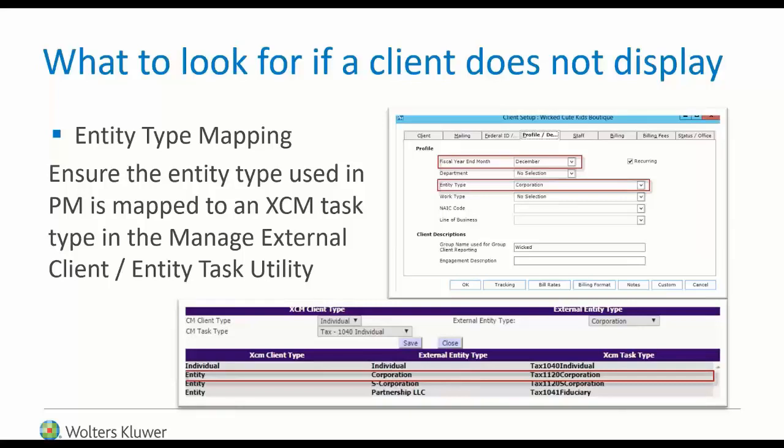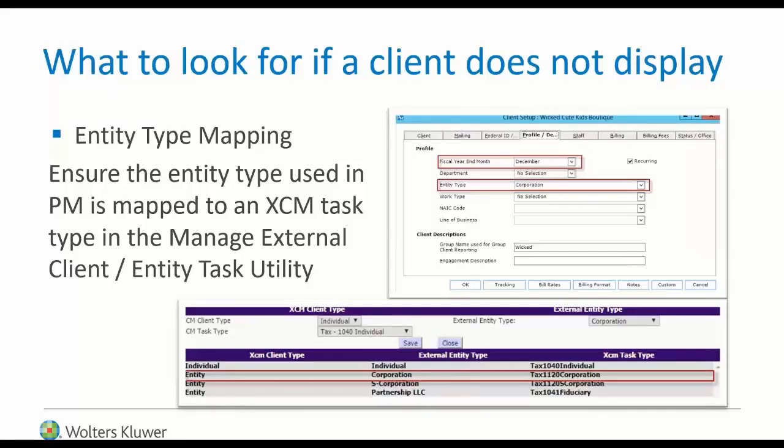Here is an example where I have the entity type corporation, and it is mapped in the bottom screenshot. This is the bottom screenshot showing that the corporation external entity type from practice management is mapped to the 1120 corporation. Any client you establish underneath the corporation will come through to XCM as an 1120 client.